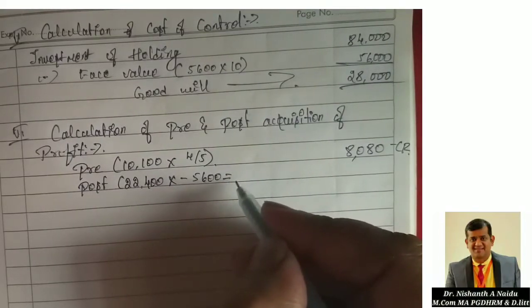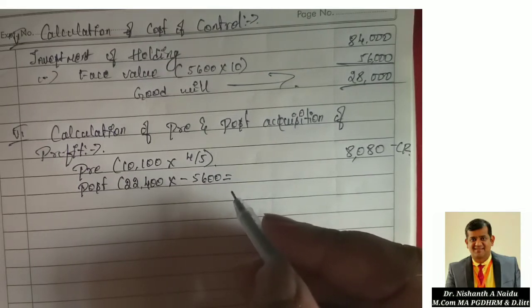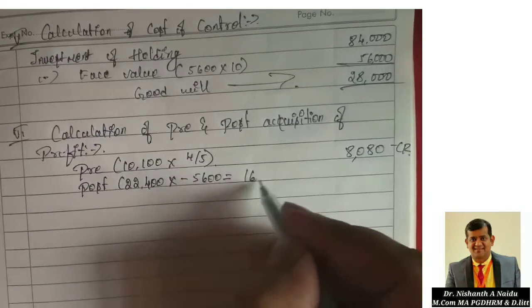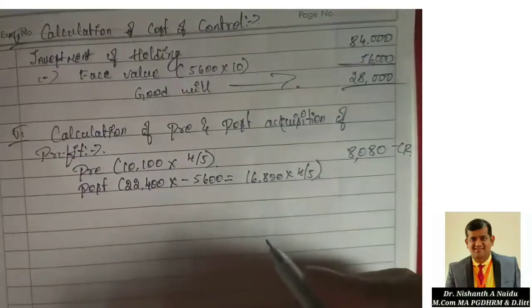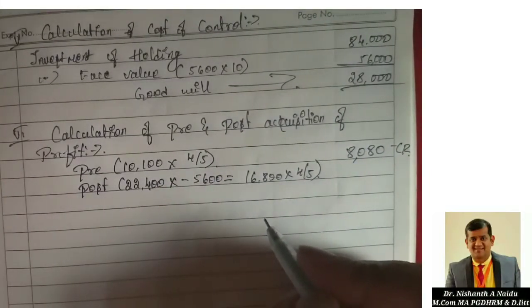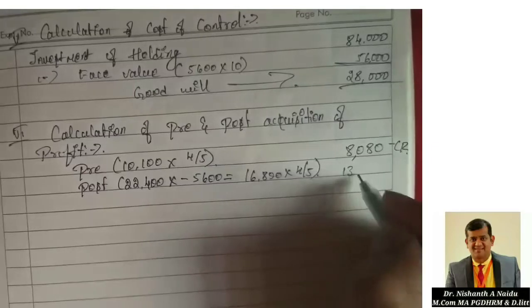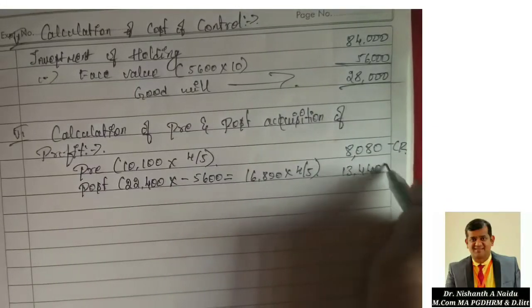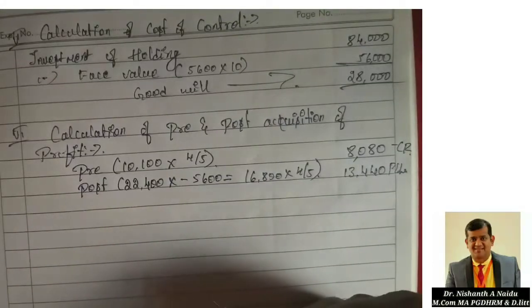So that we will get, if you deduct, 22,400 minus 5,600, we'll get 16,800 into 4 divided by 5. 16,800 into 4 divided by 5. So 13,440. 13,440. This we should transfer to P&L account.